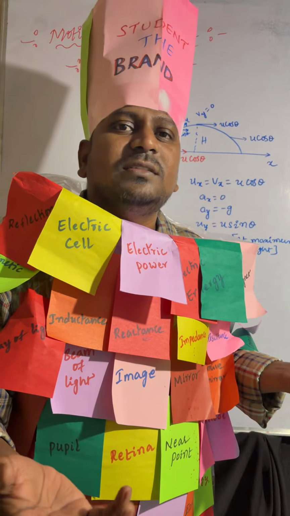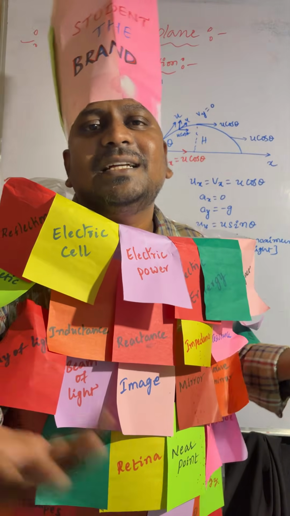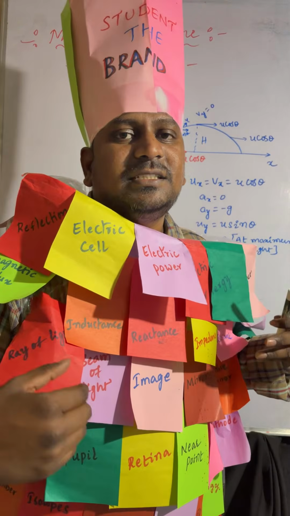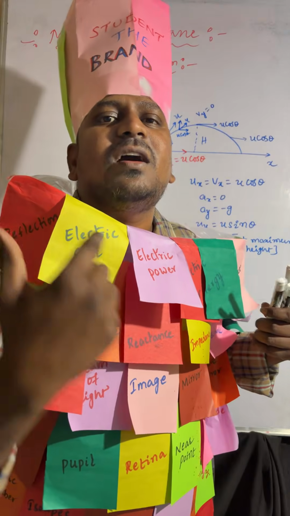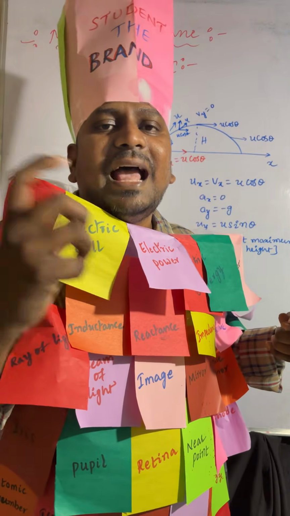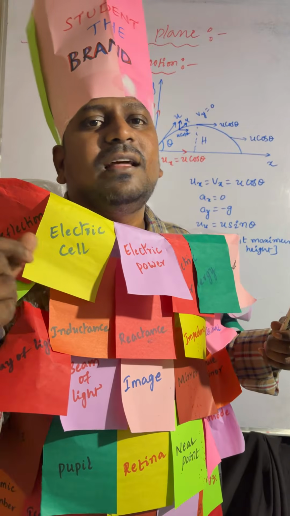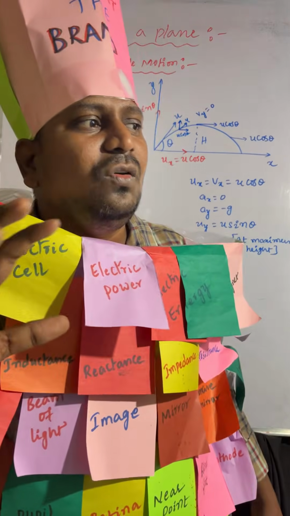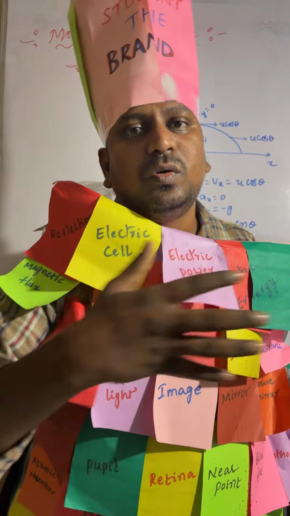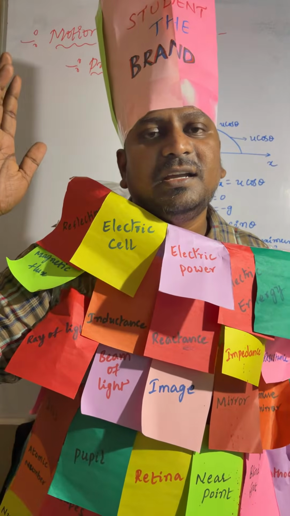Final velocity is u cos theta, initial velocity is also u cos theta, so the change in velocity is 0. So acceleration along the x-axis is 0, and acceleration along the y-axis, ay, equals minus g. Here you need to think about two directions, along the horizontal direction and along the vertical direction.